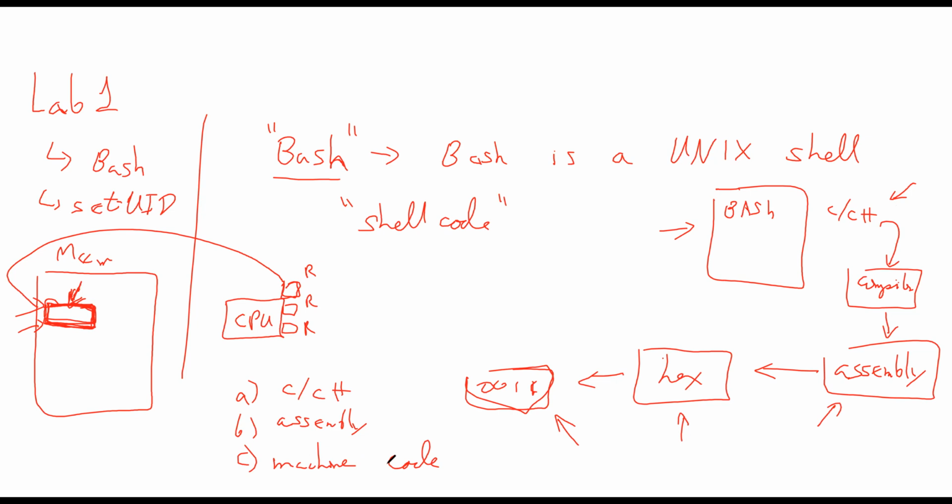So imagine a series of zeros and ones, or some set of instructions that the processor understands, right? Now think of this next question. What if now I want to hijack a program, right?